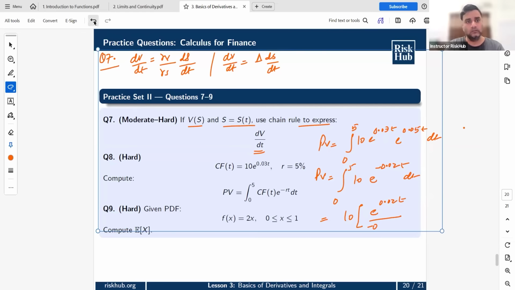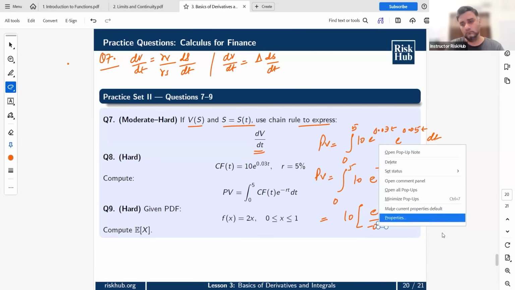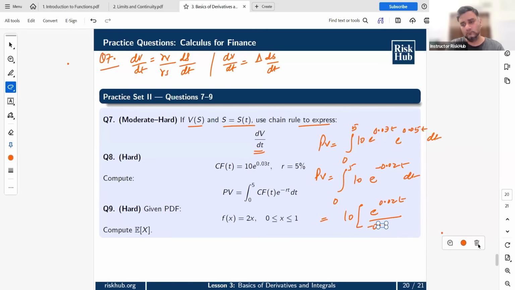Then we take the limits from 0 to 5, which gives the numerical PV. So you can calculate it; you just have to substitute the values now, guys. And then we go to question number 9.